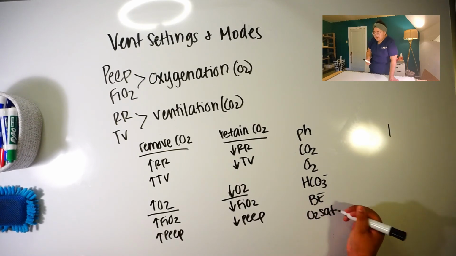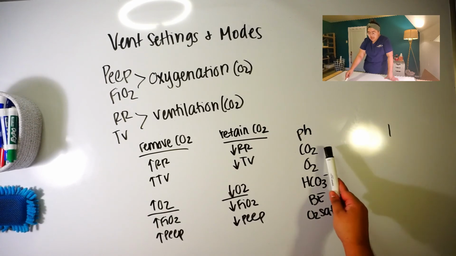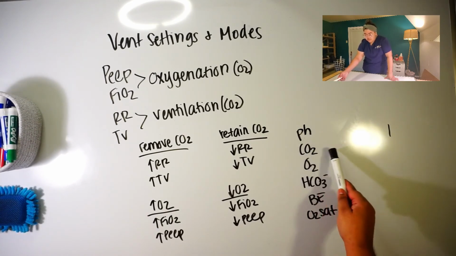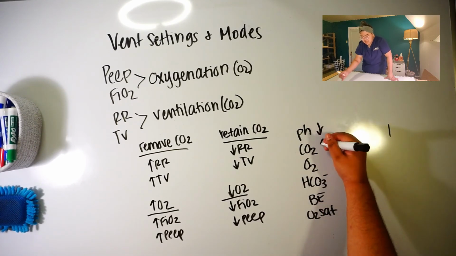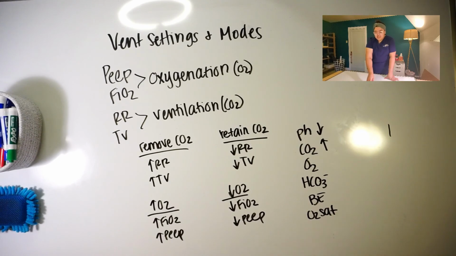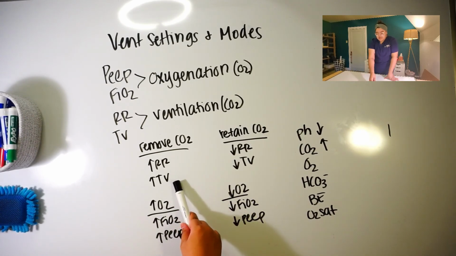Okay, so whatever your pH is, this is going to be dependent off your CO2 and your bicarb. So if you're acidotic and you have a respiratory driven acidosis, meaning that your pH is low, your CO2 is high, then we need to remove CO2. So we're going to increase the respiratory rate and or increase the tidal volume.